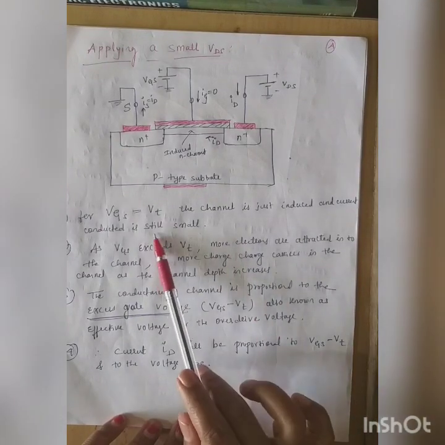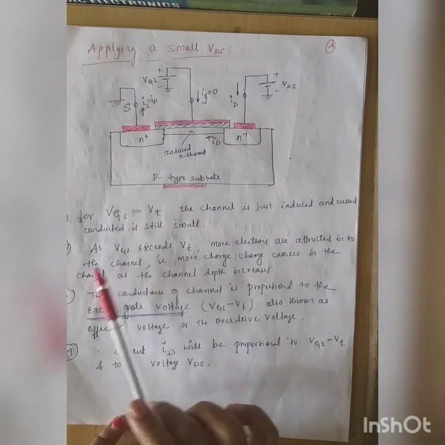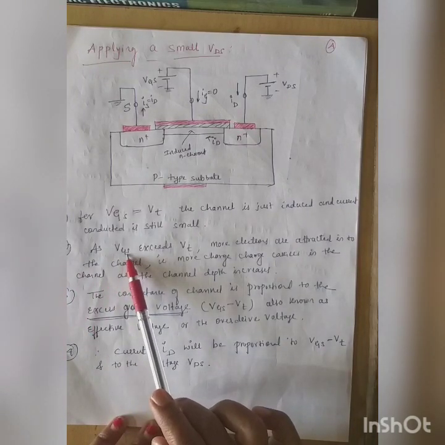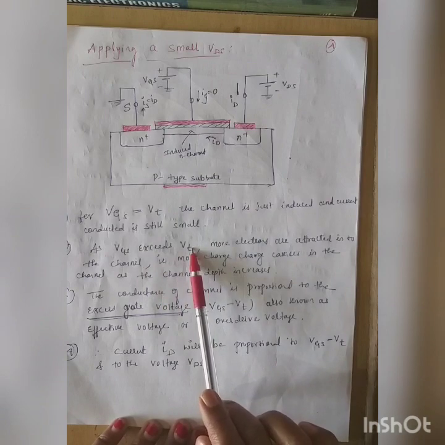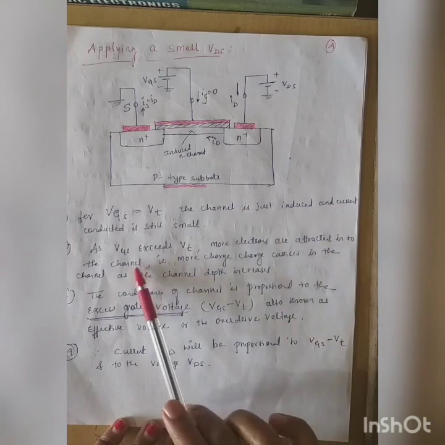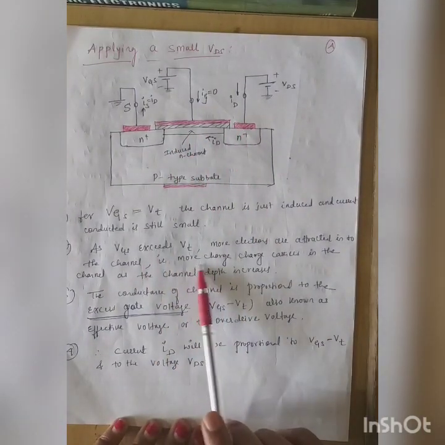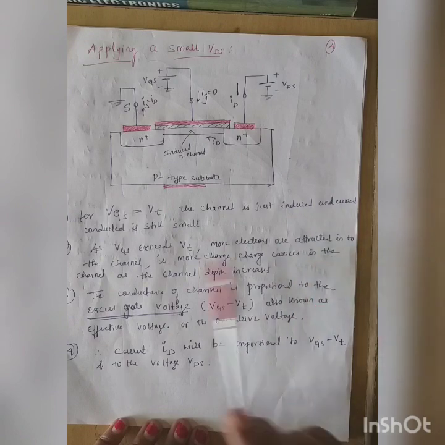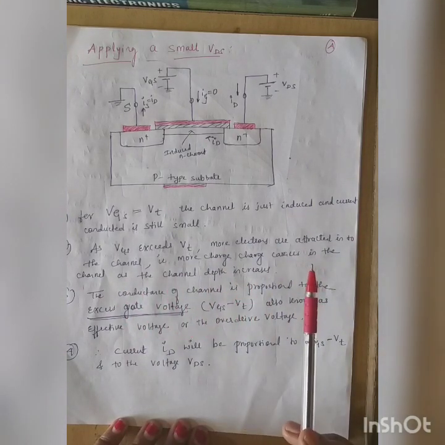Channel is just induced, so a very small, negligible current flows through the channel. Next, as we go on increasing VGS, as VGS exceeds VT, that means it crosses the threshold, more and more electrons are attracted to the channel. So the channel is formed, with more charge carriers in the channel, as the channel depth or width increases.